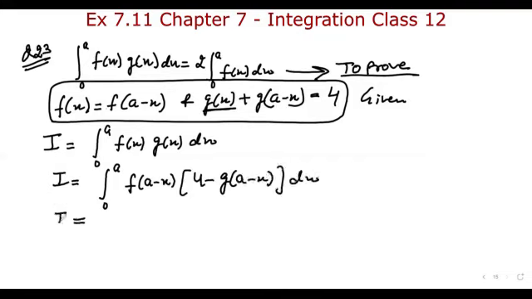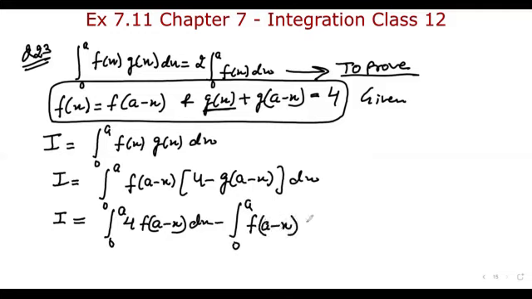So it will be integral 0 to a 4 f(a minus x) dx minus integral 0 to a f(a minus x) g(a minus x) dx.